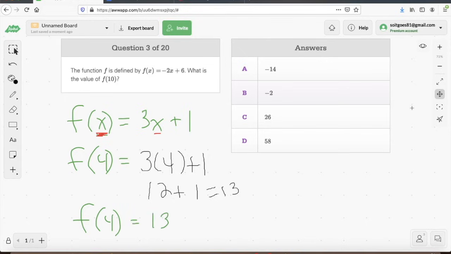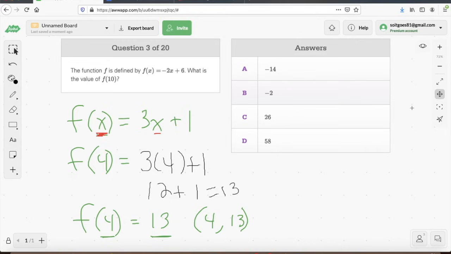Exactly. That's it. Another way to express that is when your x value is 4, your f of x value or your y value is 13. Your f of x value or your y value, same thing. F of x is just fancy y. So you could graph that point on the xy axis. That would be the point 4, 13.